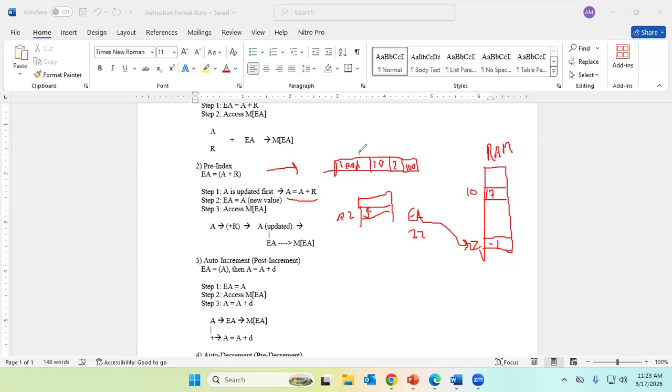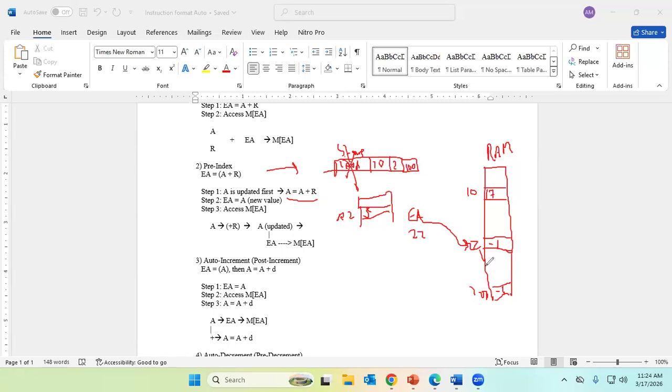Wait a minute. I'm storing. Sorry, this is wrong. So I'm storing to make things right. I'm storing whatever is in this address in 100. So now the RAM will go to 100 here, and store minus 1, which is at 22.